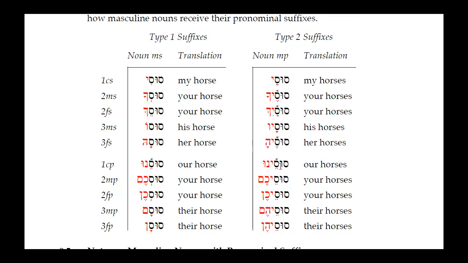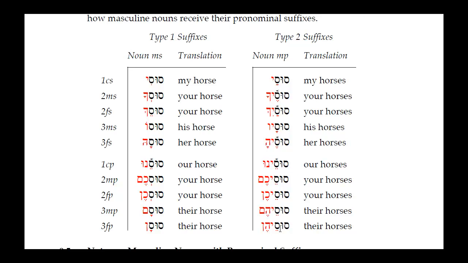Susenu, our horses. Susechem, your horses. Susechen, your horses, second feminine plural. Susehem, their horses, masculine. Masculine is the pronominal suffix.